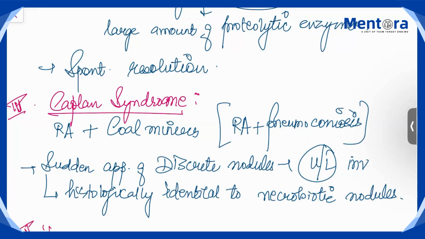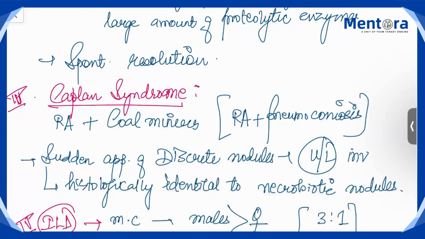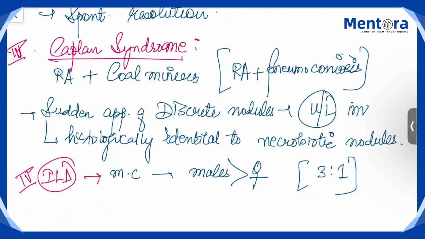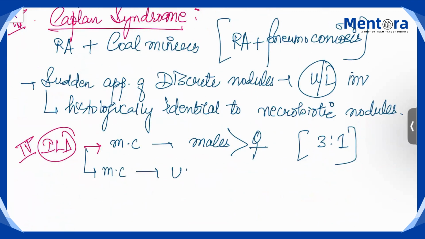Fourth disease associated with rheumatoid arthritis is interstitial lung disease. Again, interstitial lung disease is more common in males as compared to females. The ratio is 3:1. And the most common pattern is UIP or NSIP, but UIP is more present in rheumatoid arthritis.